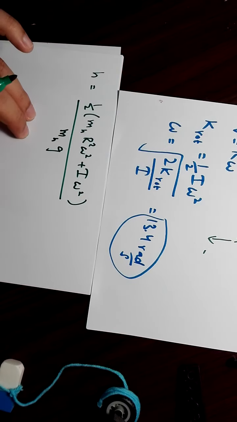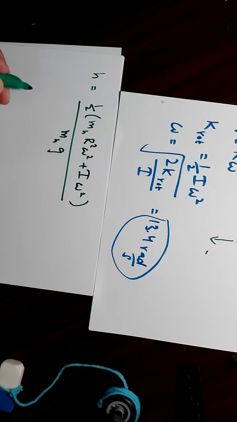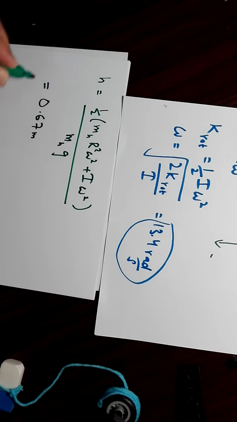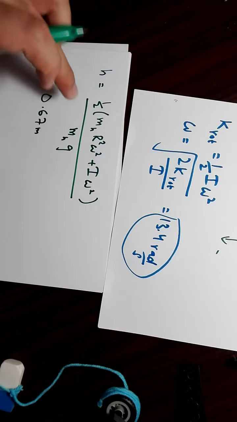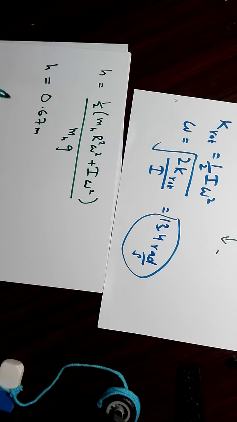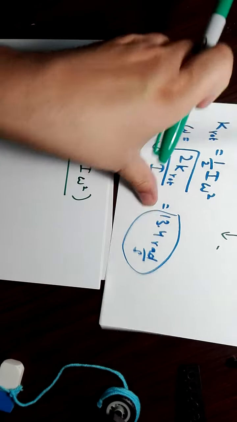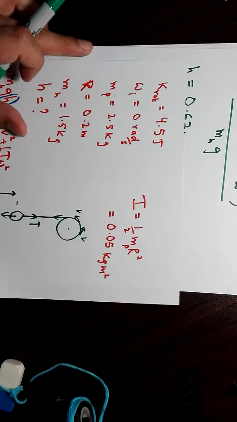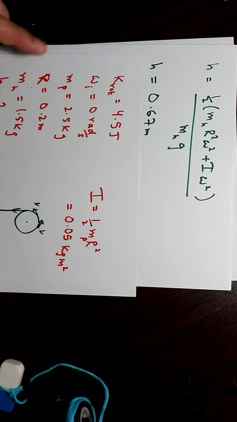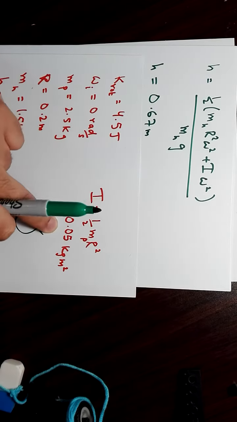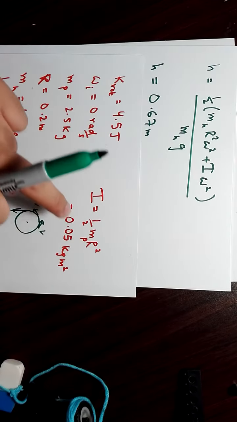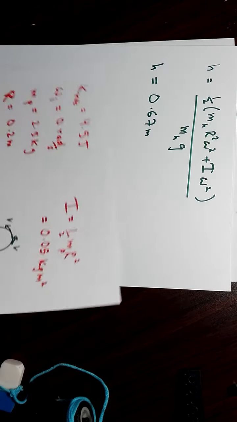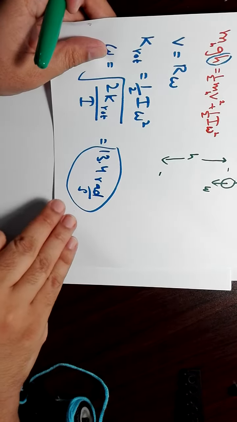Now if you plug in the numbers, you'll get 0.67 meters. Make sure you double check when you plug in the numbers. We know all these quantities. m_h is 1.5 kilograms, the moment of inertia is 0.05, and omega we calculated is 13.4 radians per second.